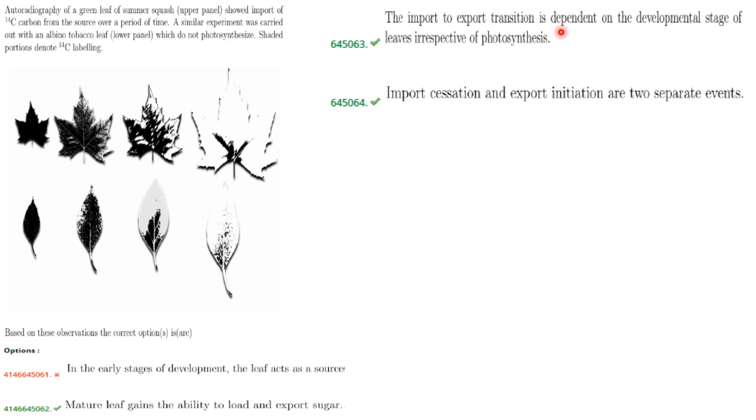This is smaller leaf and this is bigger leaf. Similarly, this is young leaf and this is mature leaf. Next one, import cessation and export initiation are two separate events. That is also correct. Now options 2, 3 and 4 are correct here.